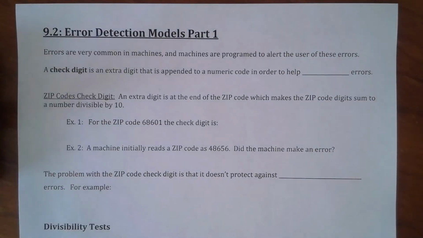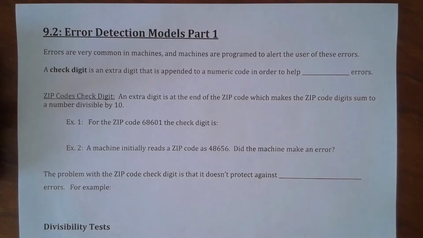So as you saw when you looked at 9.1, we have certain ways that we program machines to detect these errors. The barcodes that you saw in 9.1 had a specific pattern that went with them. They added this extra digit at the end, and that was used to help identify any errors that happened during the scanning process.